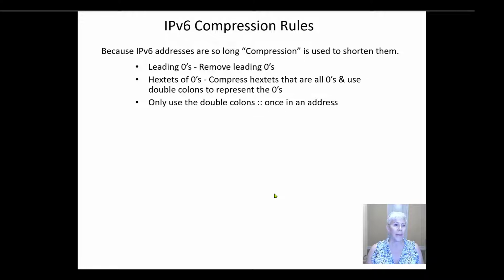You may be combining these rules of removing the leading zeros and double colons. But remember, if I've got a total of 8 hextets, and if you have, let's say, hextet number 3 is all zeros, and hextet number 7 is all zeros, you can only use the double colons one time.